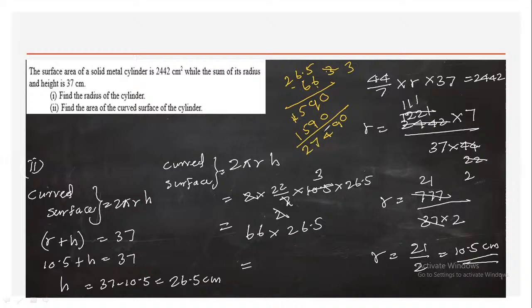Right. Sorry, 1. Because we have taken 17,490 but 1 decimal place, 1,749 square centimeter. This is the answer for this.